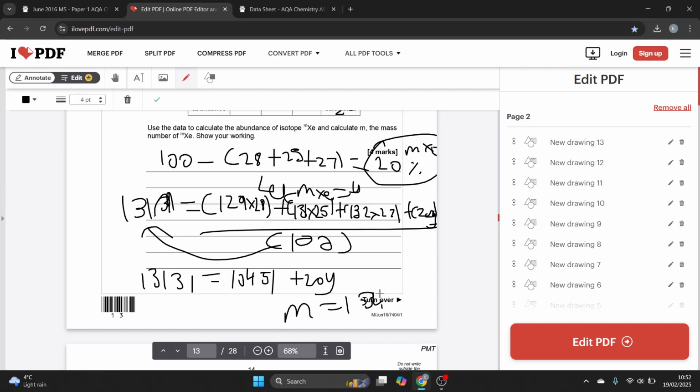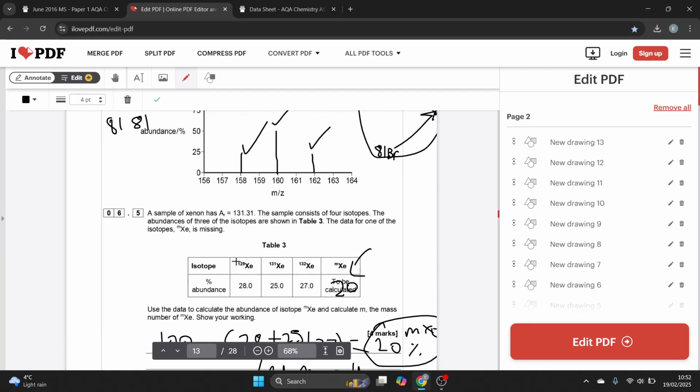That's the mass number of it. Does that make sense? Yeah. 129, 131, 132, 134.